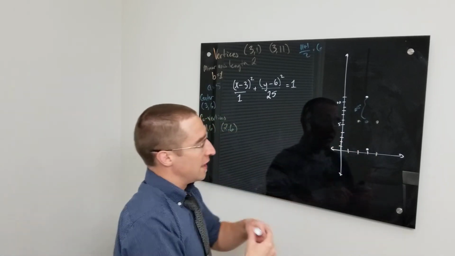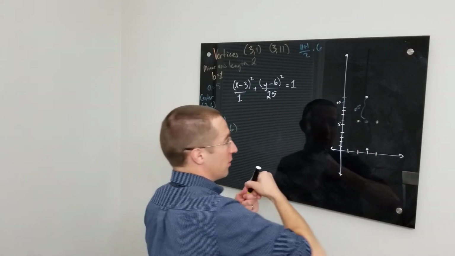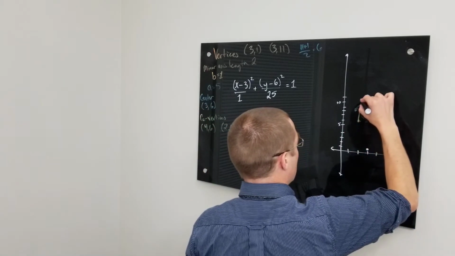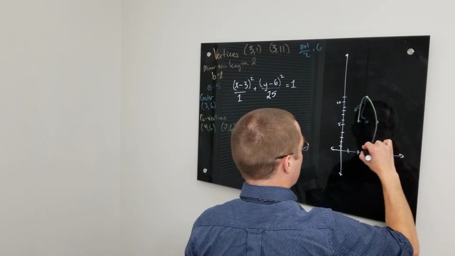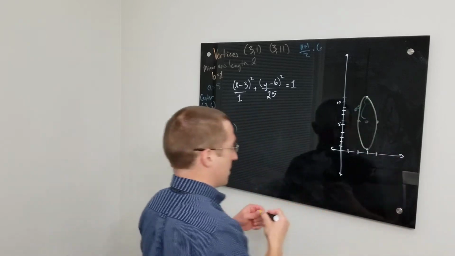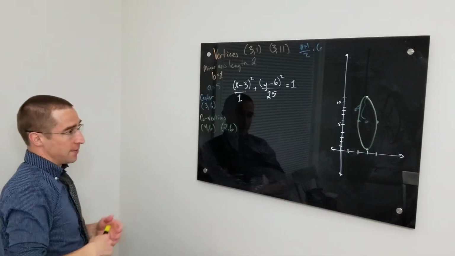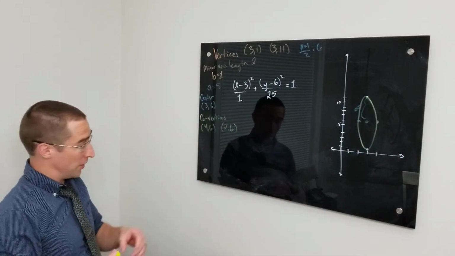You can see that there. And that's enough to get the shape of our ellipse drawn in. Obviously, it's not perfect because I'm drawing it by hand, but you get the idea. There's our graph so far.